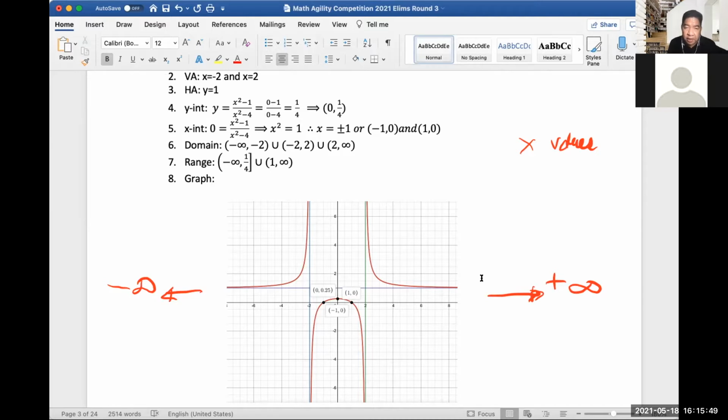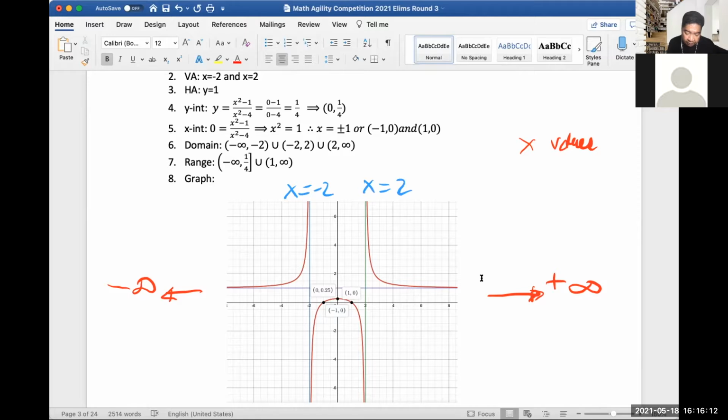This blue line here is our first vertical asymptote, which is x equals negative 2. And the green line, which is x equals 2, is the other vertical asymptote we initially solved earlier.